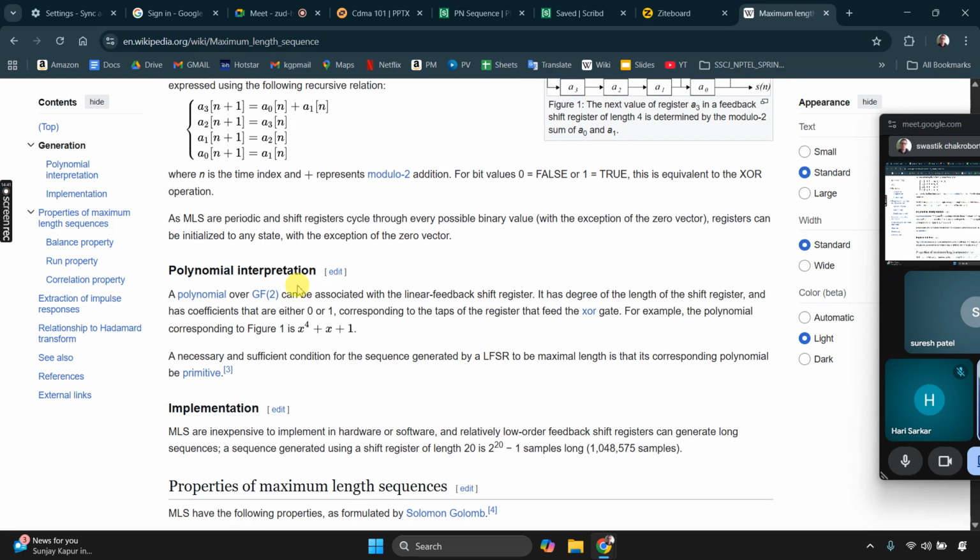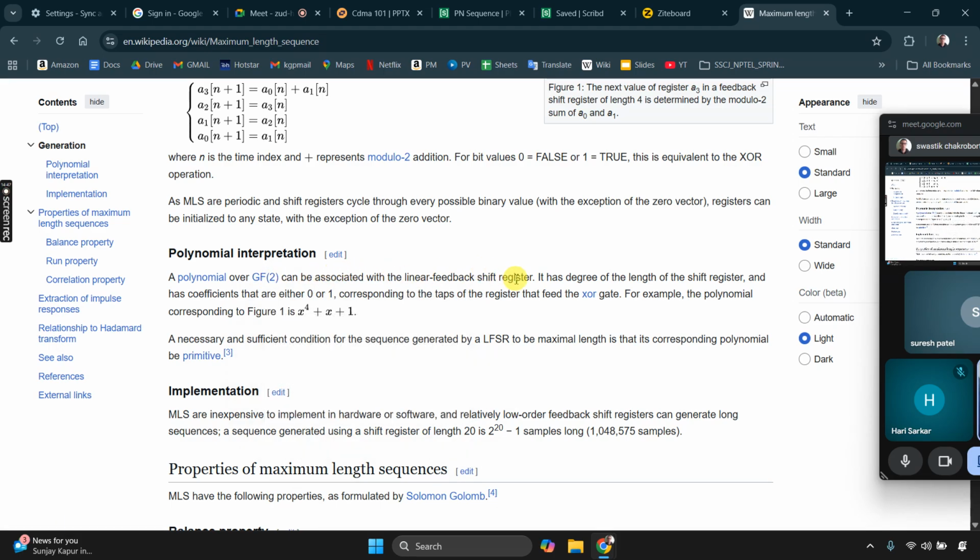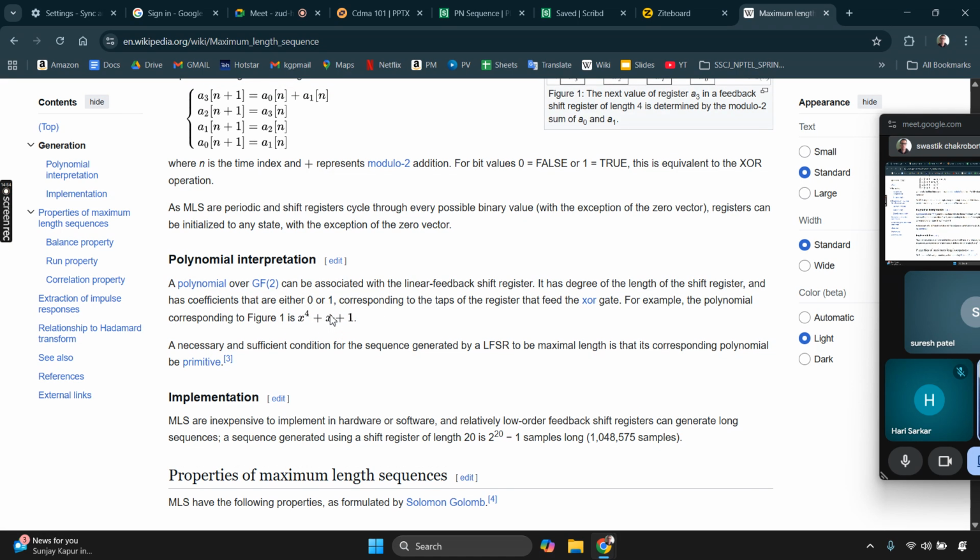The final polynomial is 1 plus x4. So a polynomial over the Galois field 2 can be associated with a linear feedback shift register. So the polynomial corresponding to figure 1 is x4 plus x plus 1.